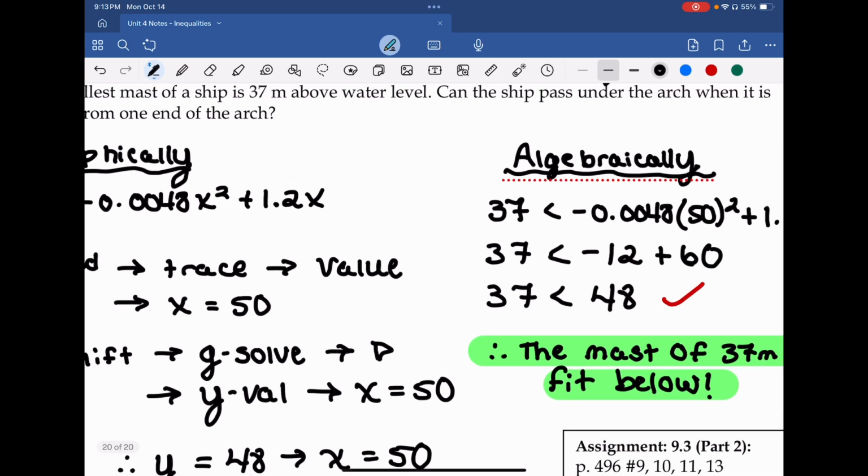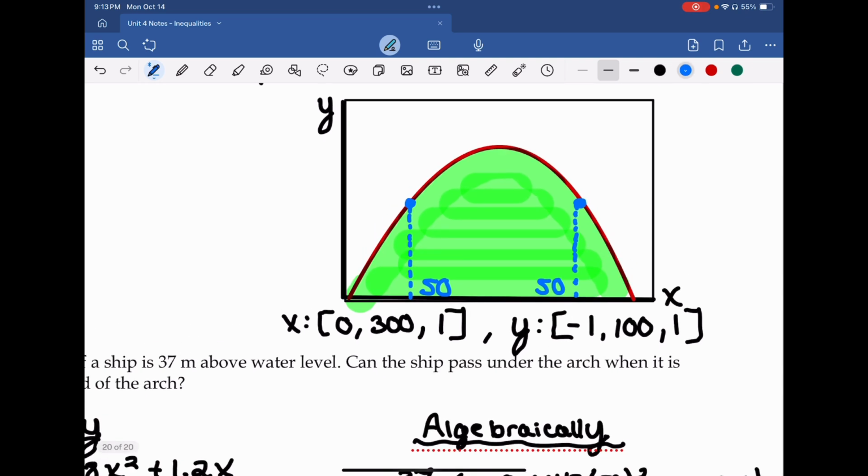And on our graph, we can then go up and just put that over here. So at this side, it is going to be 48. At this side here, it is also 48. You can basically connect the two sides here. There we go. So these are both 50 meters from the edge. And maybe I'll just use some arrows here to represent that that's the 50 meters from the edge, representing where the arch is 48 meters high in the air.